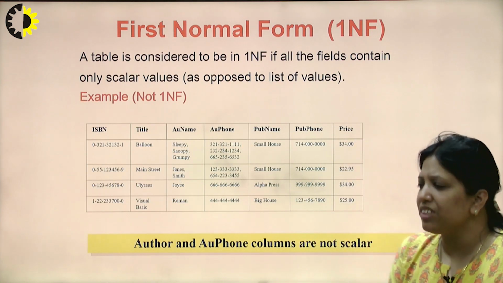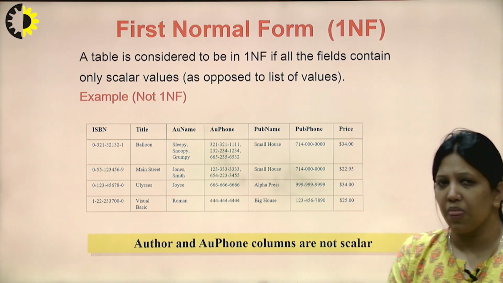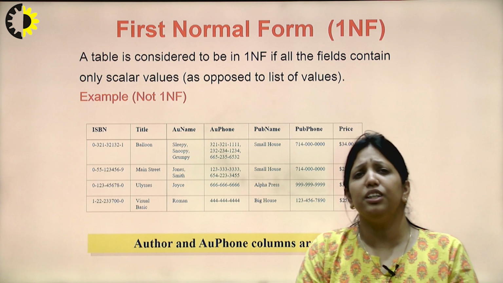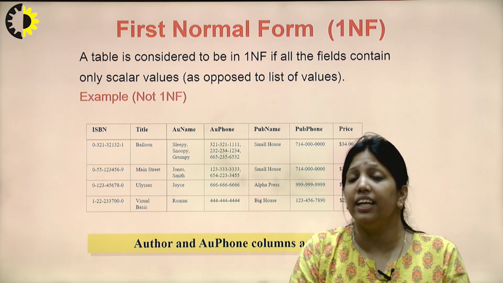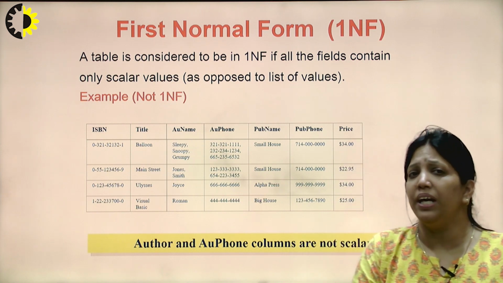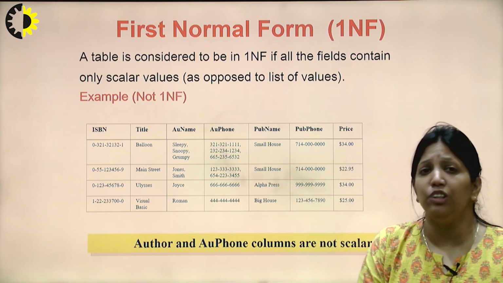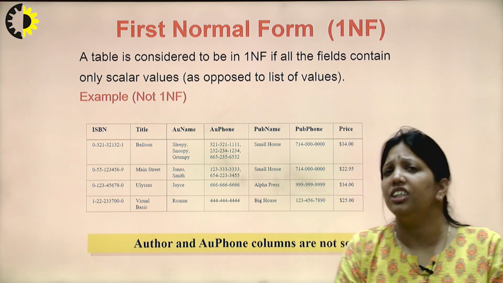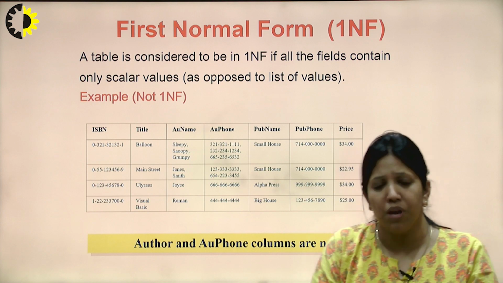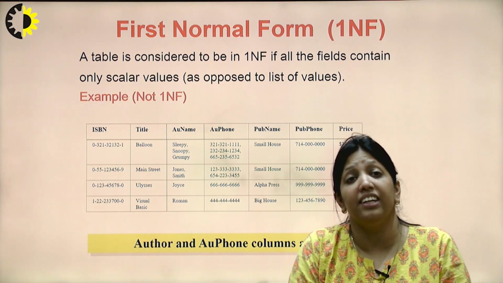So first we discuss the first form of normalization, that is the first normal form. A table is considered to be in first normal form if all the fields contain only scalar values, that is, we have no multi-valued attributes in the relation. If we have any multi-valued attribute in the relation, then that relation is not in first normal form, and we need to normalize that table, that relation.